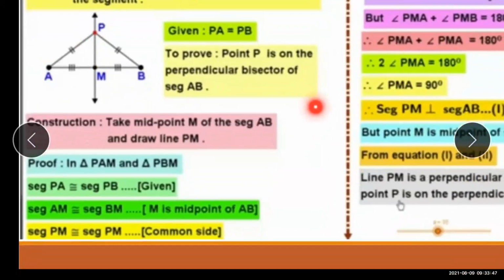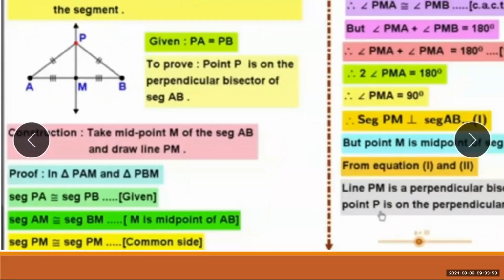In triangle PAM and triangle PBM, see, segment AM equals segment BM, right?